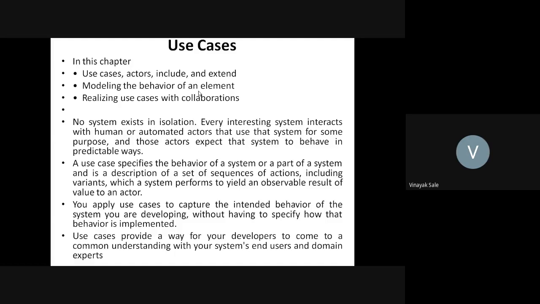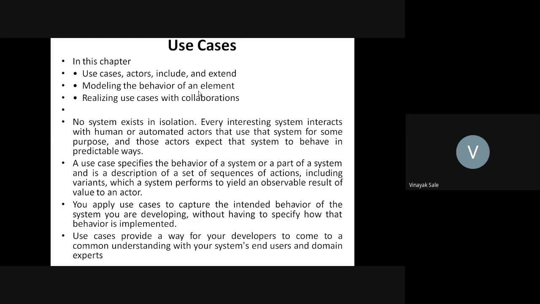A use case specifies the behavior of the system or part of a system and is a description of a set of sequences of actions, including variants, which a system performs to yield an observable result of value to an actor.